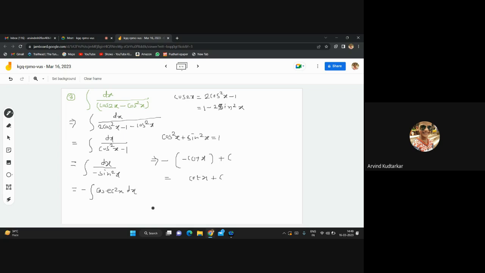So which one is the correct option for this solution? For the solution of the given indefinite integral, the solution will be cot x plus c. So cot of x is the solution of that integral. Okay.